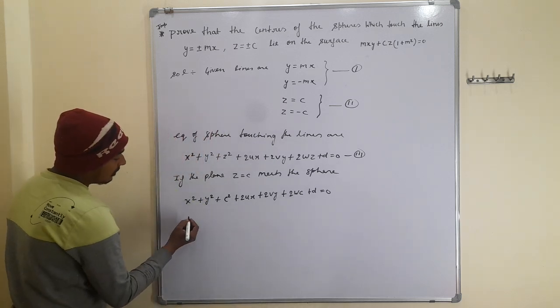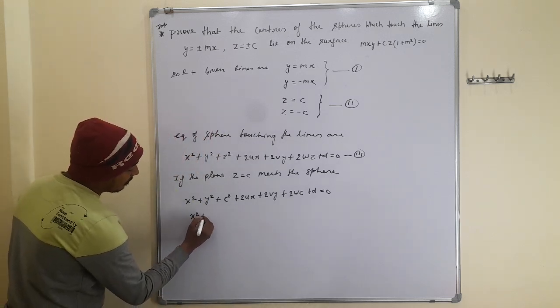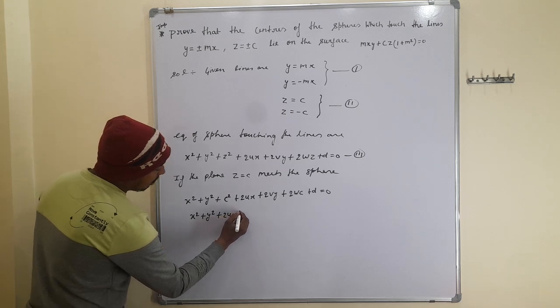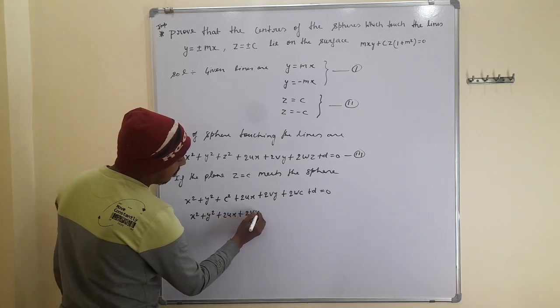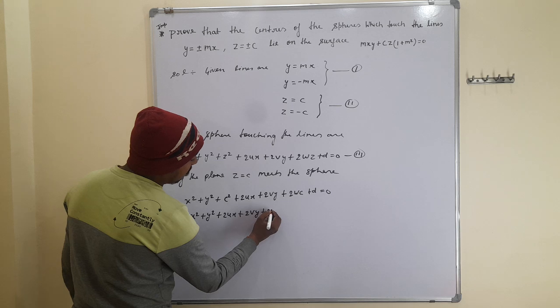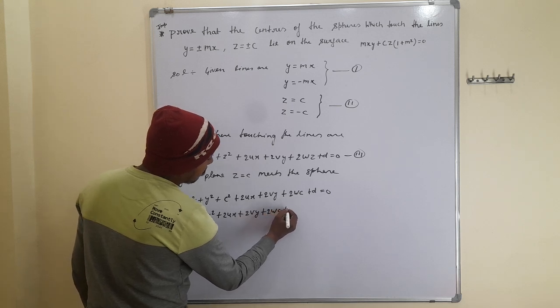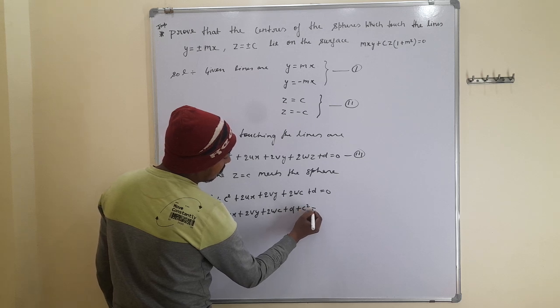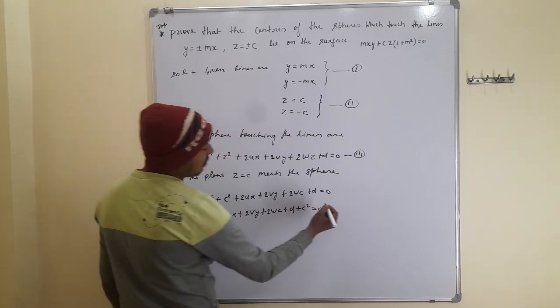We can also write x square plus y square plus 2ux plus 2vy plus 2wc plus d, and c square in last, that is c square equals 0. Let this be equation fourth.